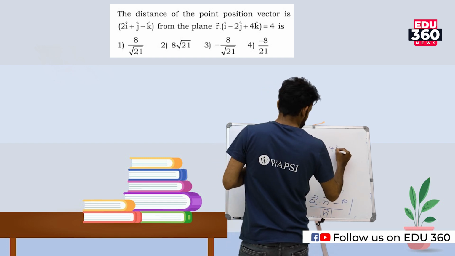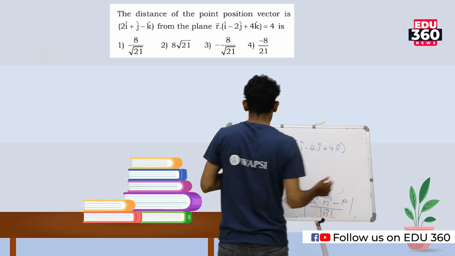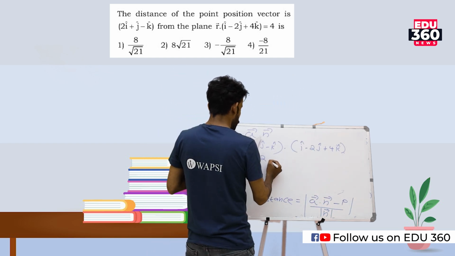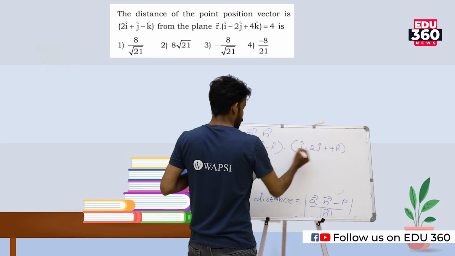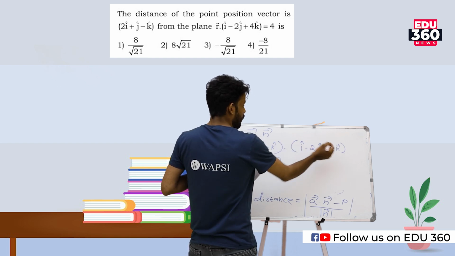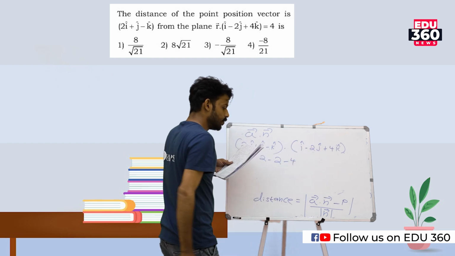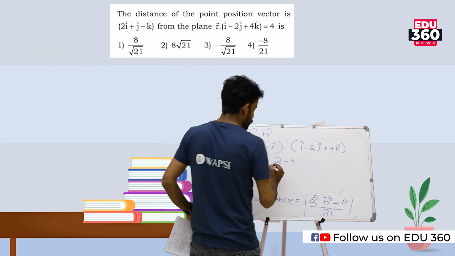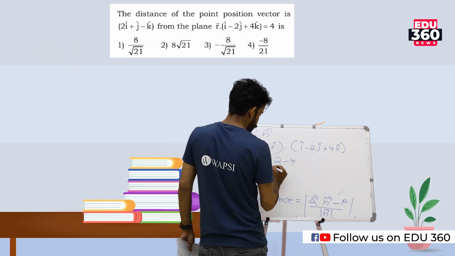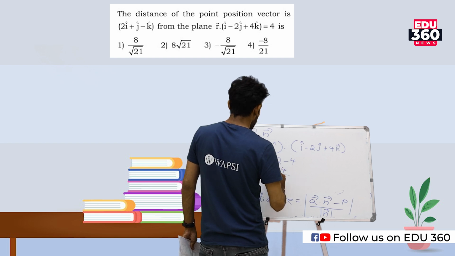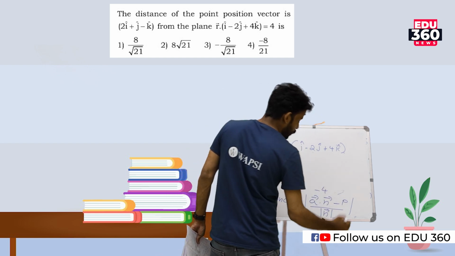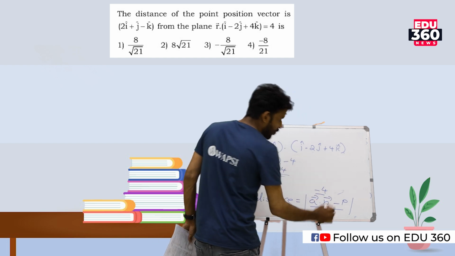So that is 2 minus 2 minus 4. The answer is minus 4. So A vector dot n vector is minus 4.